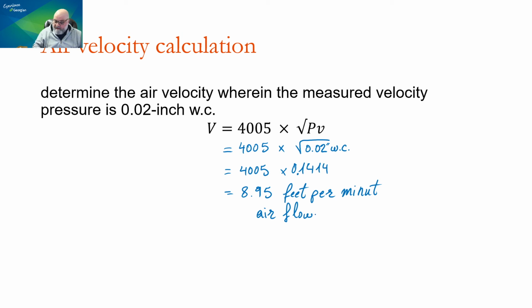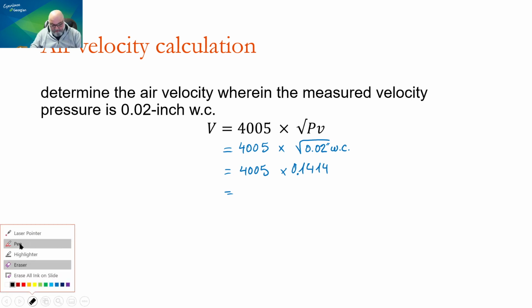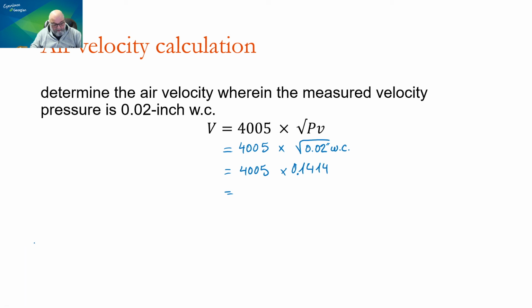Hold on a second, let me have a look at it. Okay, going back to this calculation, which I did wrong. If we multiply 4005 by 0.1414, we get 566.3 feet per minute.